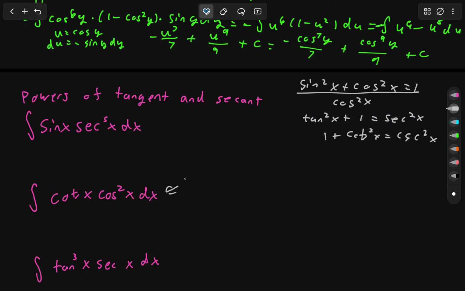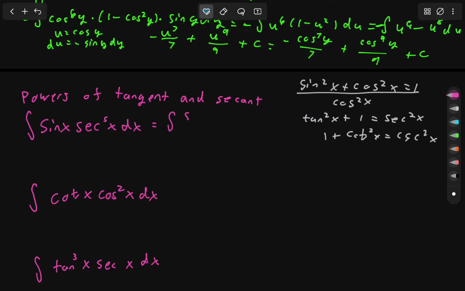Okay. Let's get into solving these integrals. You may notice that there isn't a tangent in this integral. But what is this integral equivalent to? This integral here is the same thing as, we'll just bring out one of the cosines that are being multiplied.